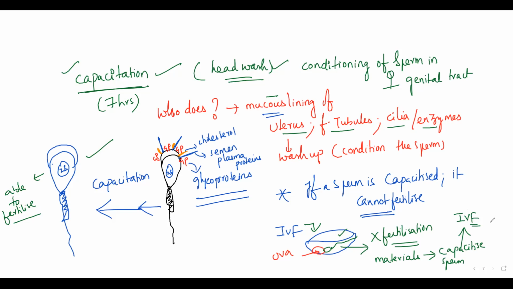Children, did you understand this procedure of capacitation? This is an important procedure that you need to understand: before the fertilization process, your sperms have to get capacitized. And this is happening where? While your sperm is moving in the uterus through the fallopian tubule.